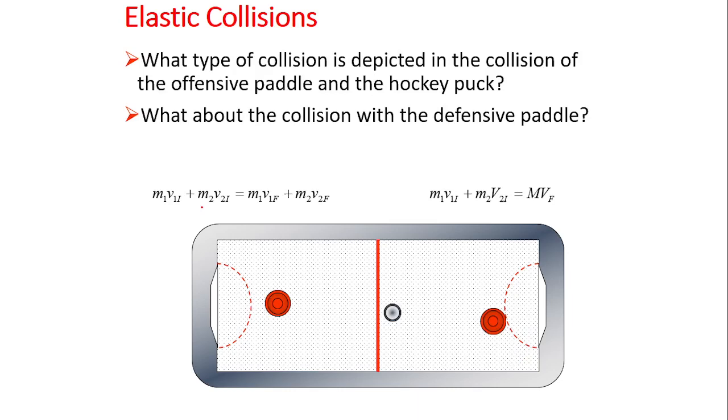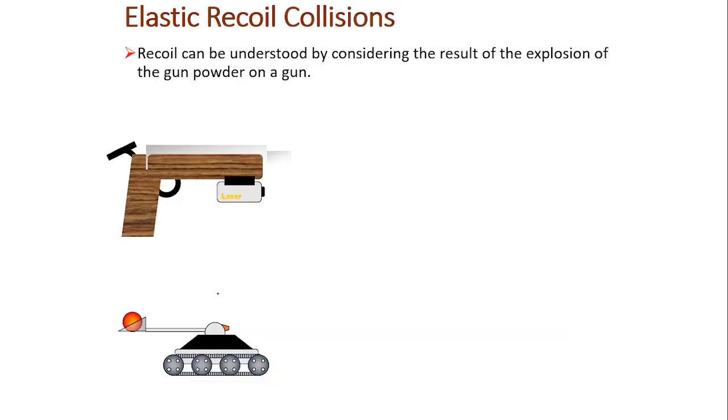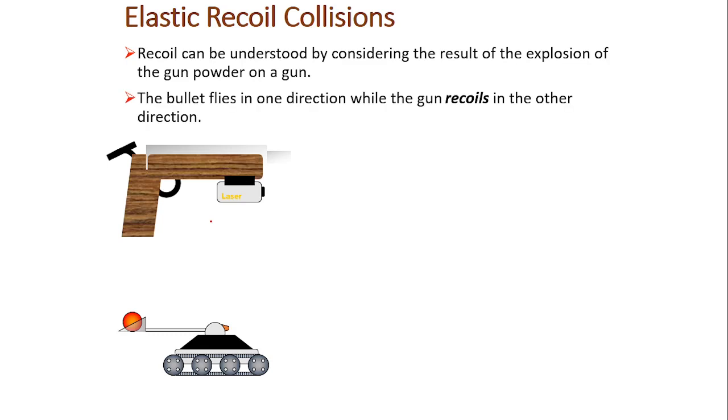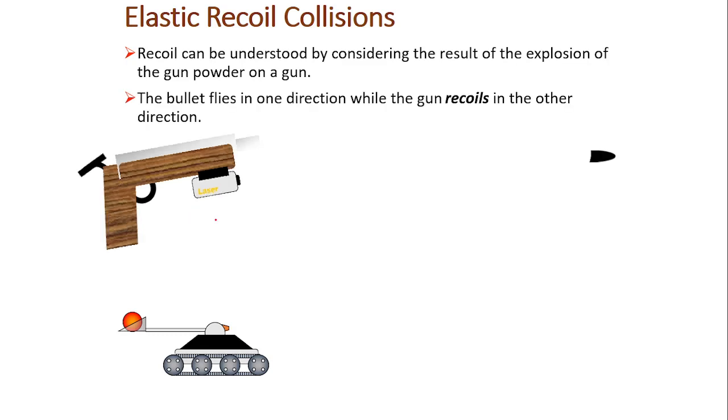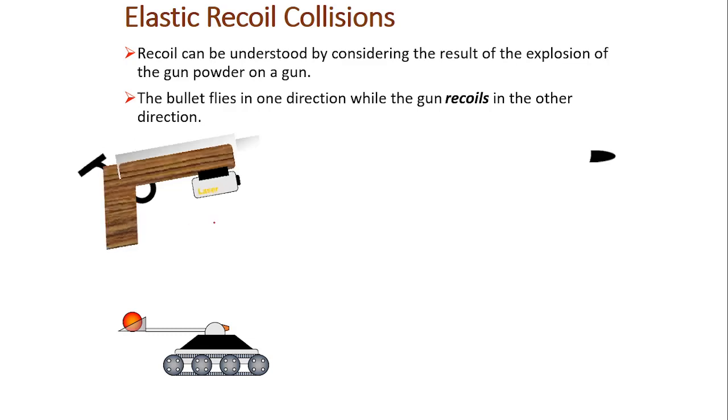There is also elastic collision, like in the case of a gun. This one is an elastic recoil collision. We are going to have certain examples where we will talk about a gun, a bullet, and many types. So if a gun has been fired like that, that's an elastic collision.